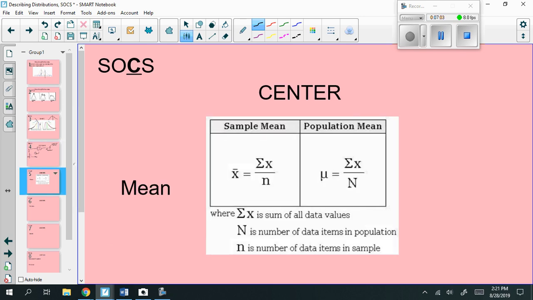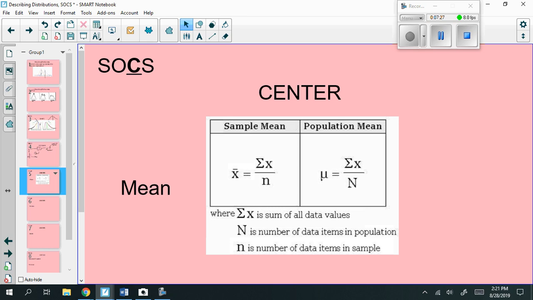So the next part of SOCS is the C, it's center. We've discussed already in our class the 3 ways to measure center. I'm not going to go through these as in-depth as that intro to univariate analysis, but the first one is mean. So for our mean, we are going to use the sum.